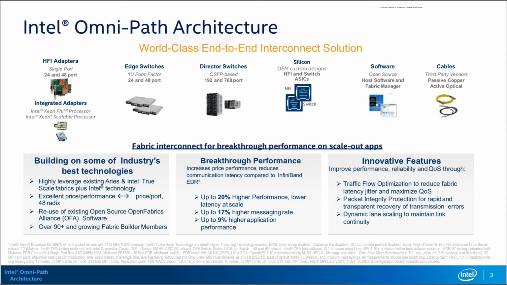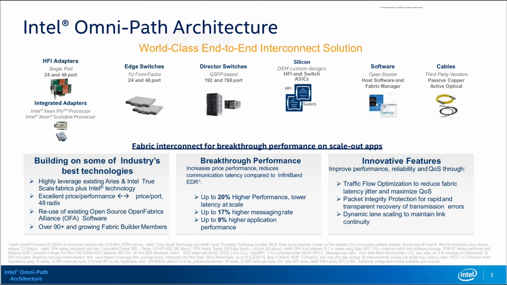One of the other decisions that we made was to leverage the Open Fabric Alliance software. That gave us a very mature host stack for OmniPath, but it also gave us full compatibility with InfiniBand. So we were able to leverage that compatibility to allow customers to easily move from InfiniBand to OmniPath, as well as we were able to build a fairly substantial ecosystem.